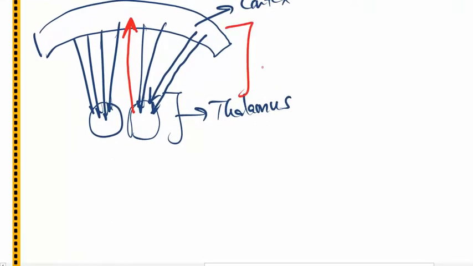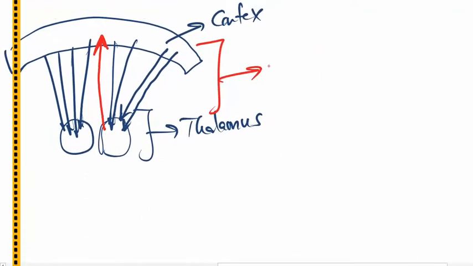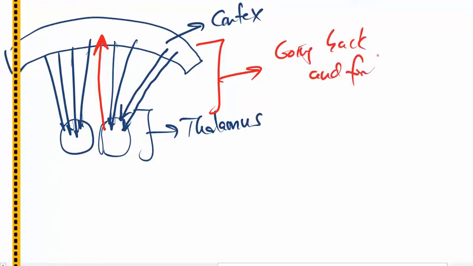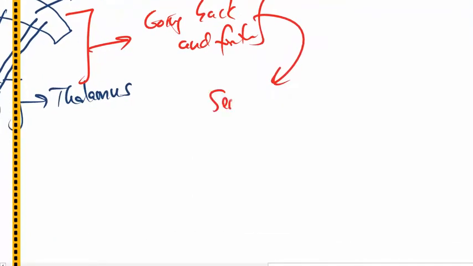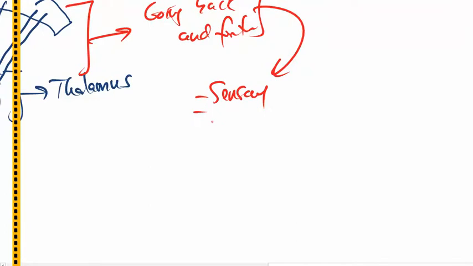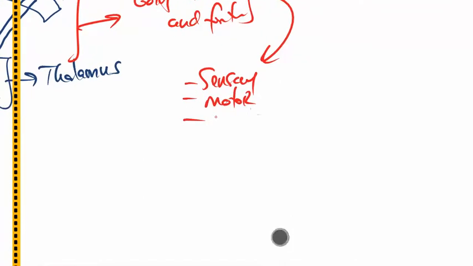The information going back and forth could be sensory, some of it is motor, and some of it is autonomic.